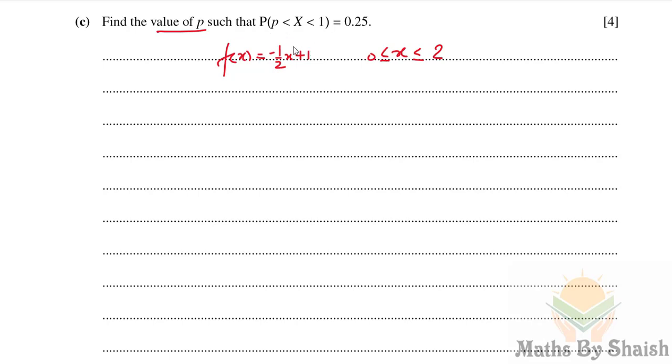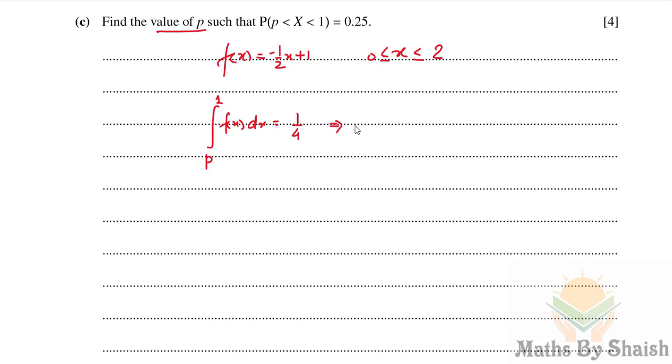So now we convert this into the integration form, because we know the probability is written in this form. The limits are p to 1, f(x) dx is going to be 0.25, which we can write as 1 over 4.